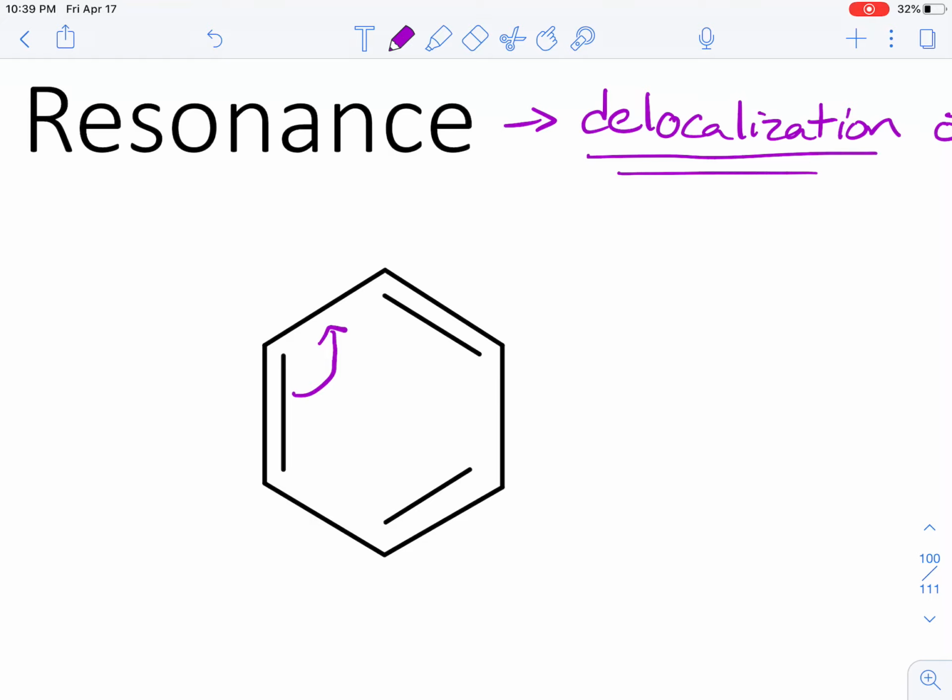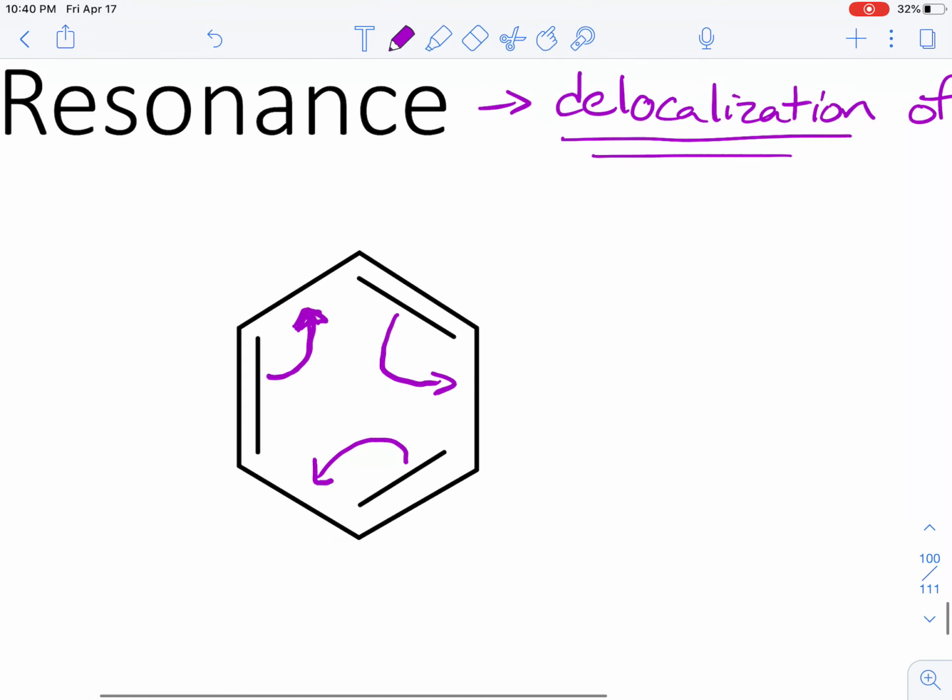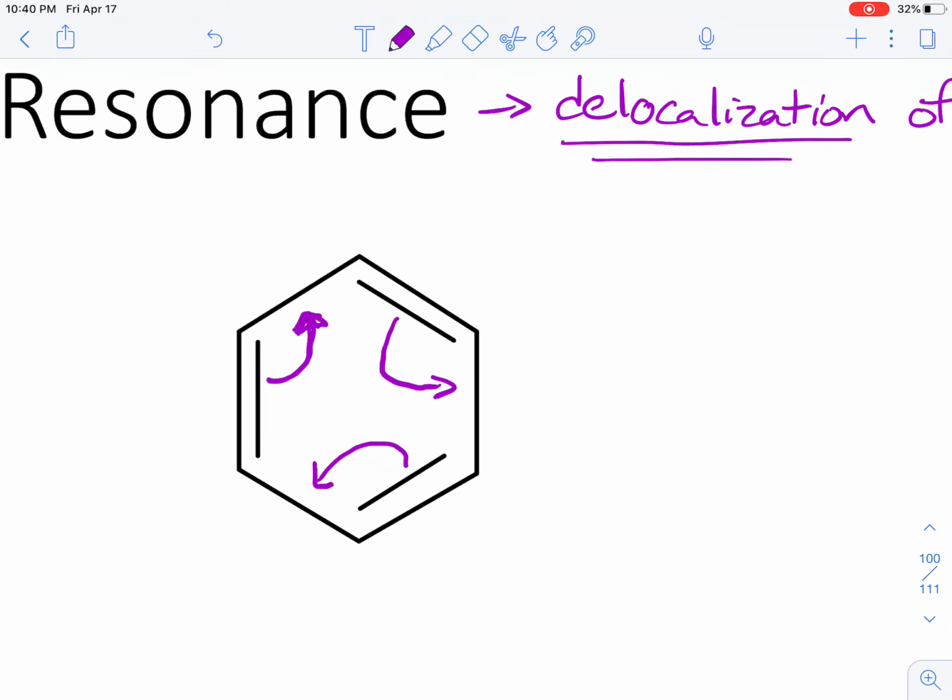And since we have to maintain the correct number of bonds for each carbon, having one pair of electrons delocalize, in other words, jumping to the next carbon, is going to force this bond to also move. And consequently, it will force this bond to move, because we want to make sure that the number of covalent bonds on each carbon follows the octet rule.